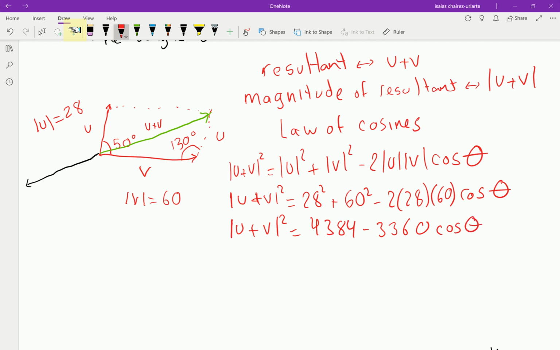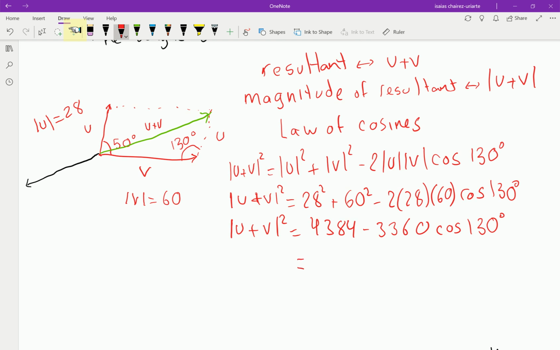Well, I know what theta is. I should have just written that out. It's 130 degrees. Okay. Make sure your calculator is in degree mode.